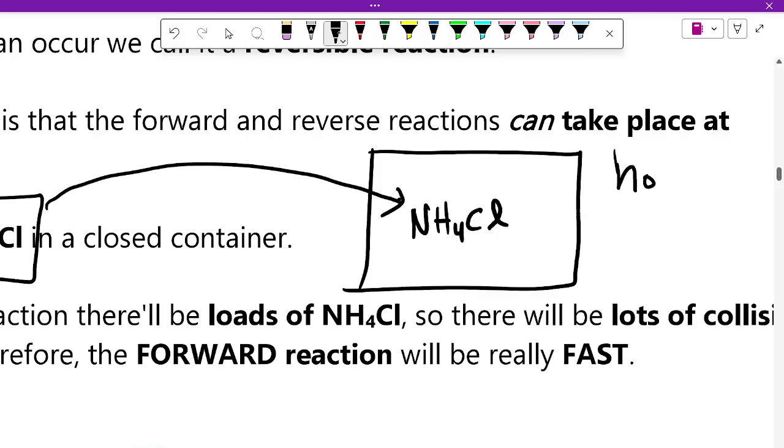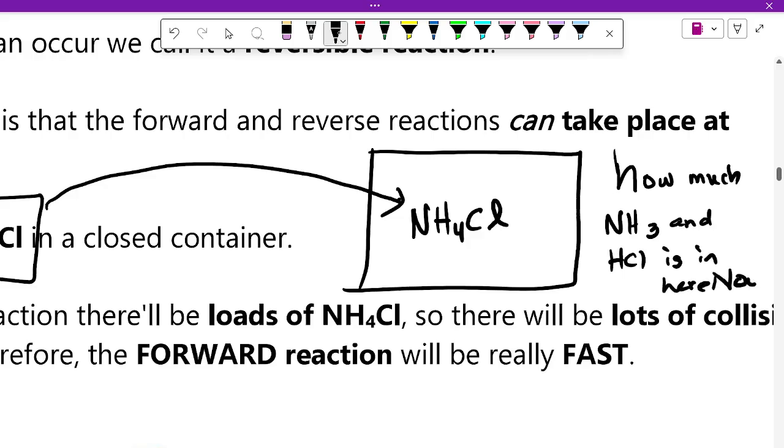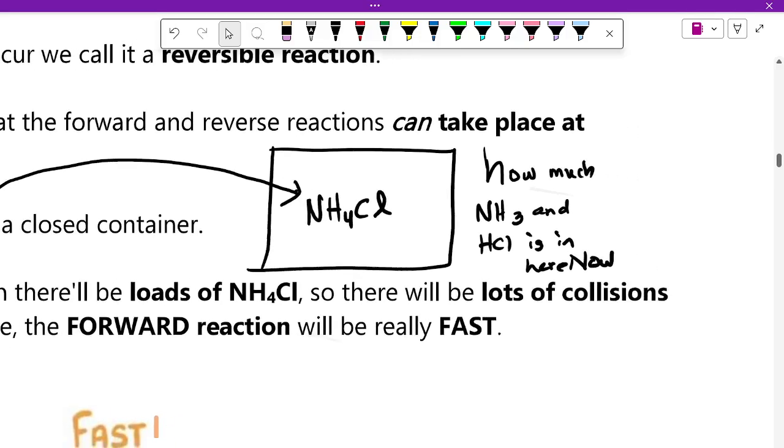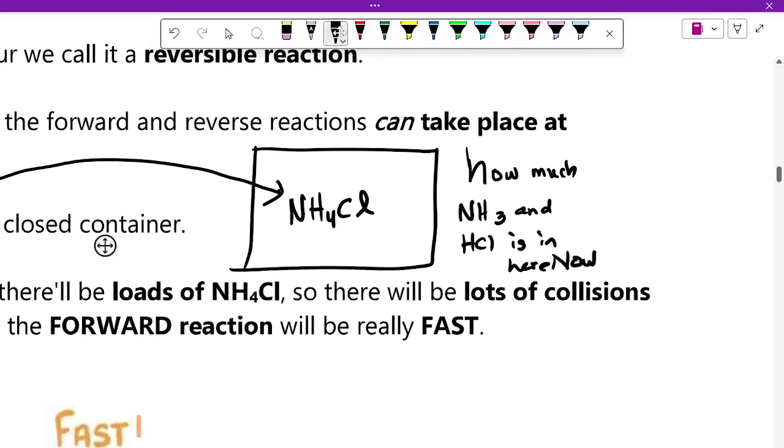How much NH3 and HCl is in here now? None, because I didn't put any in, right? None. Not in that moment.